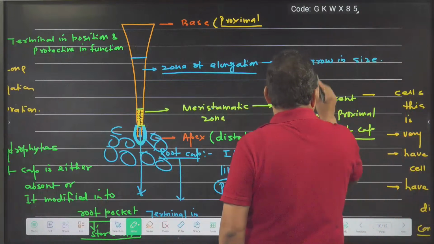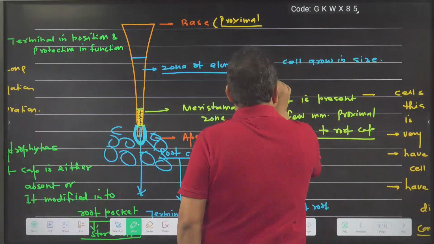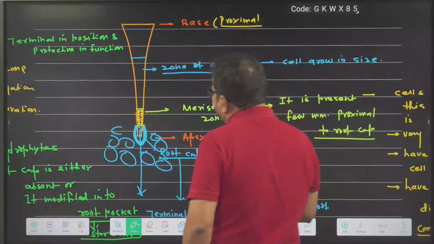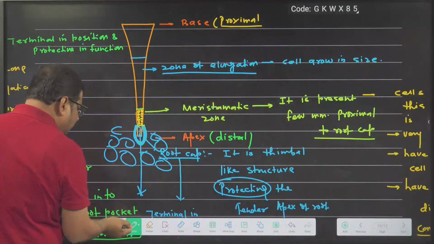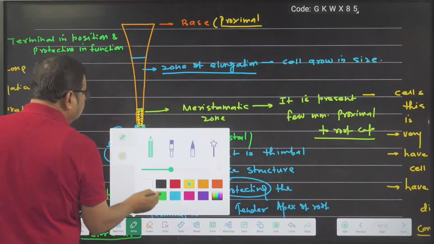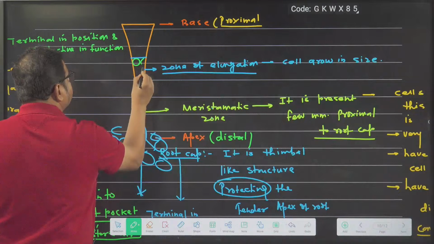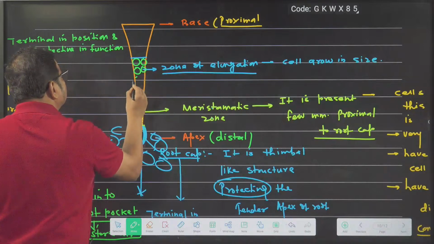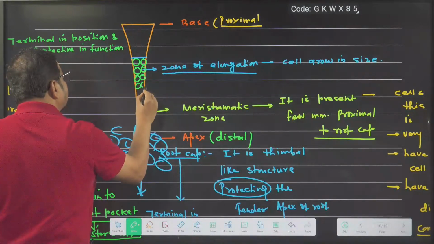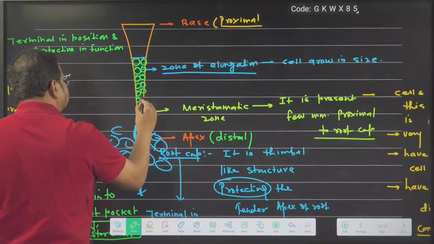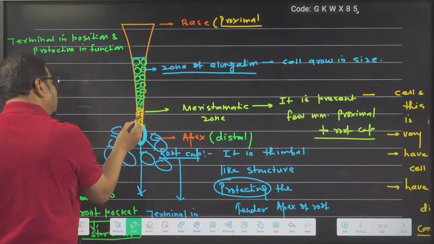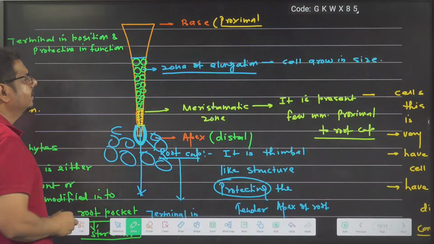Zone of elongation. Size of the cell grows. Cells become elongated. Suppose the meristematic zone has these smaller size cells, and in this zone cell size becomes like this. See, compare the size of the cells of the two zones. Here a smaller cell, here a bigger cell.